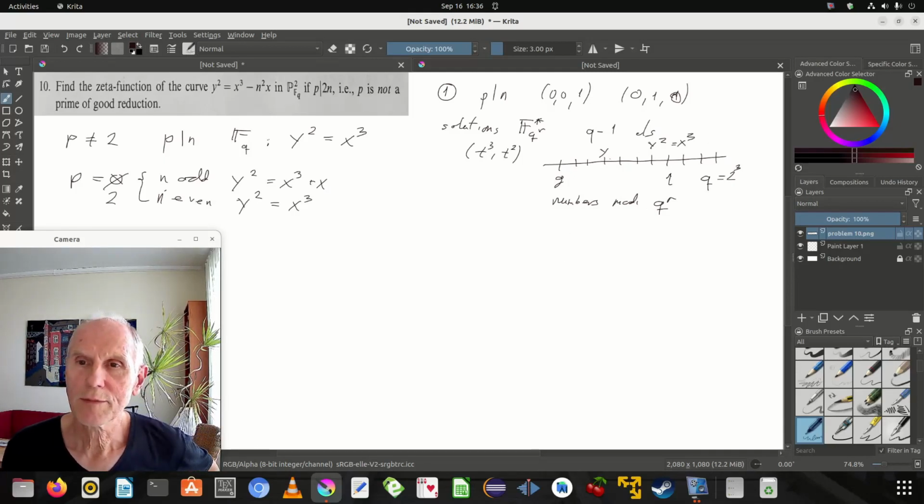And then powers, that means just multiplying. So if 2n equals 3m, that means that q to the rth divides 3m minus 2n.